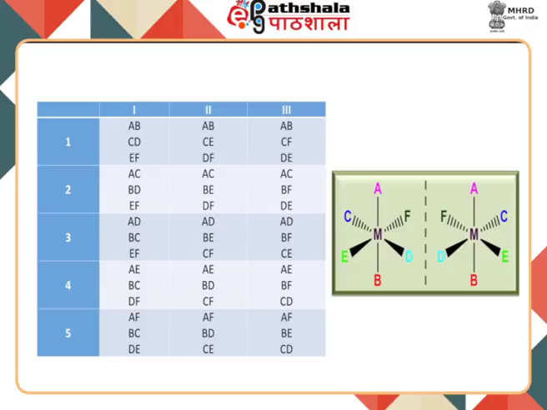Thus, this complex will have 15 chiral diastereomers. Now, each of the 15 diastereomers is dissymmetric and will have a non-superimposable mirror image, meaning an enantiomer. Consequently, a total of 30 stereoisomers are possible for this complex.